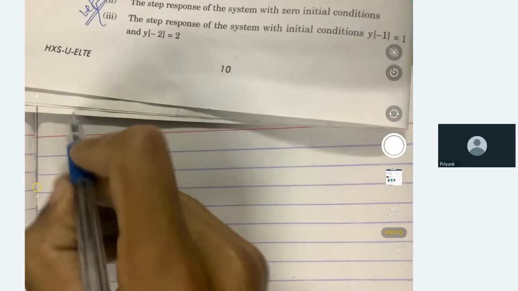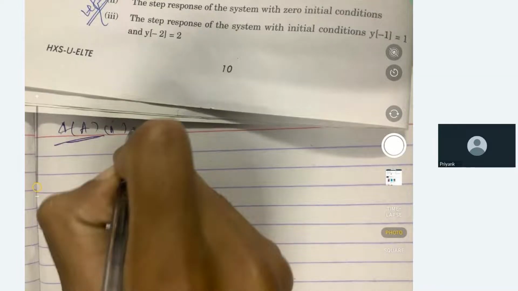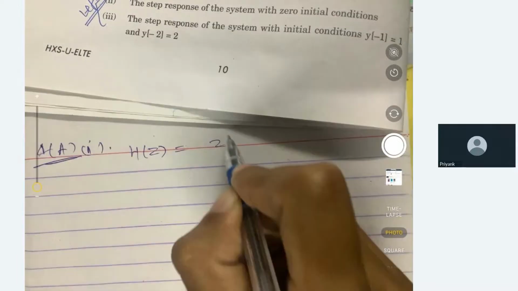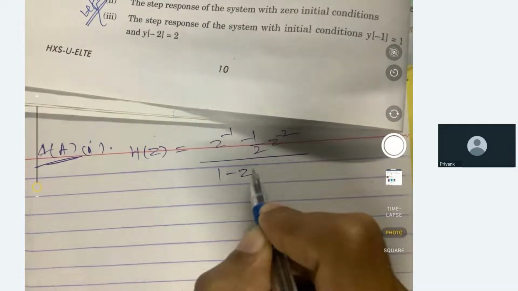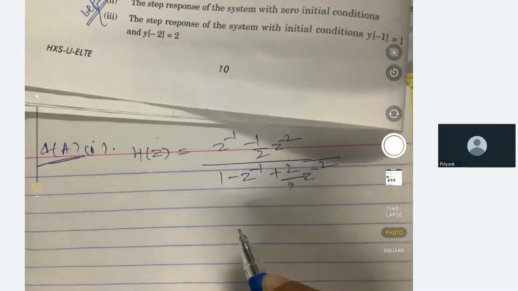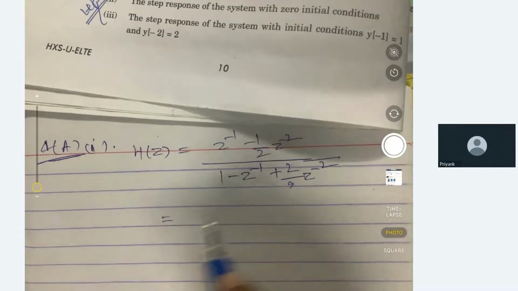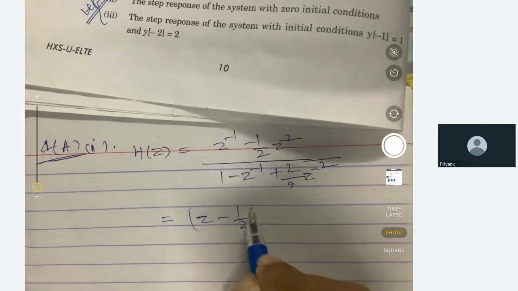4A 1. H(Z) is equal to Z inverse minus 1 by 2 Z minus 1 minus Z inverse plus 2 by 9 Z. So we will do the partial fraction. Let's first write it in the form of, multiply it by Z square. So Z minus 1 by 2 upon Z square minus Z plus 2 by 9.